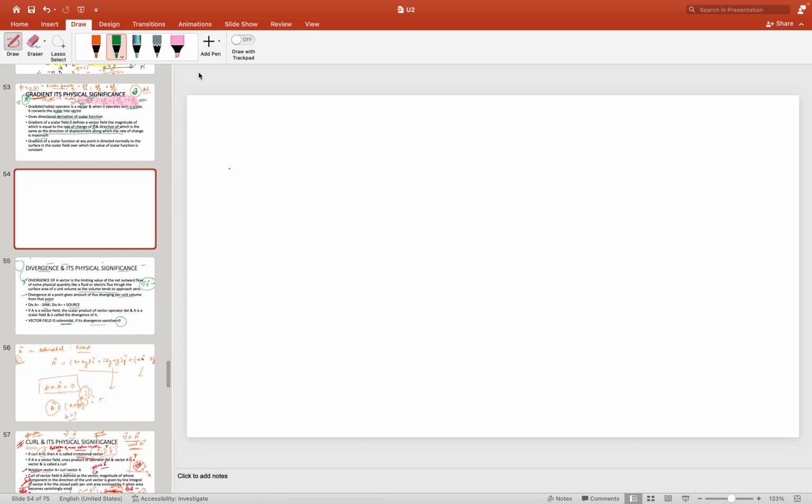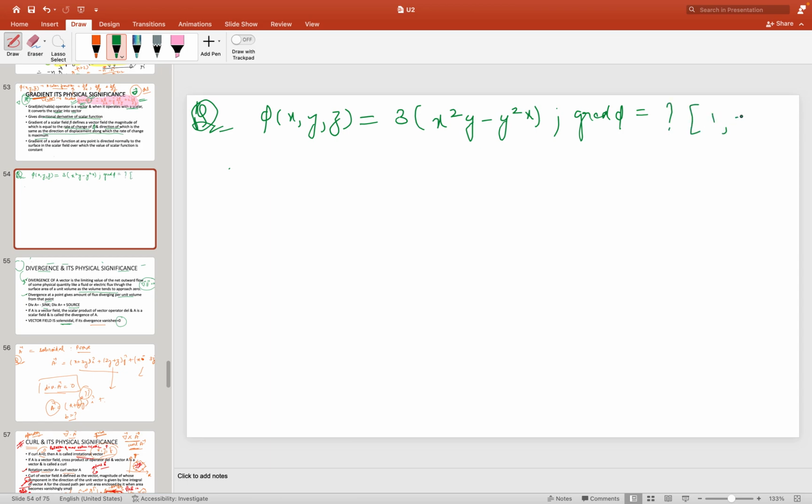So, let us solve one question based on it. It will bring you more understanding about gradient. If we have a function phi x y z defined as 3x square y minus y square x. Now my question is, calculate the grad phi for the point 1, -2, -1.